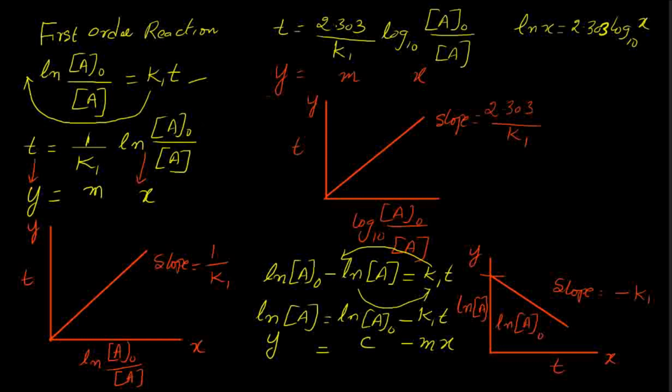So this graph of ln a versus t gives the negative slope minus k1 and intercept ln a naught. These slopes and intercepts are important for this graphical representation.